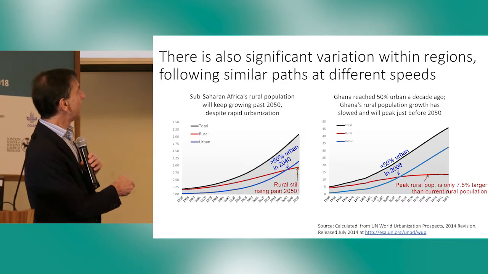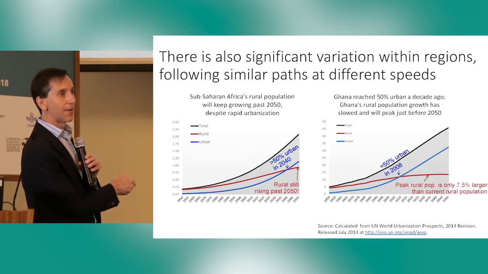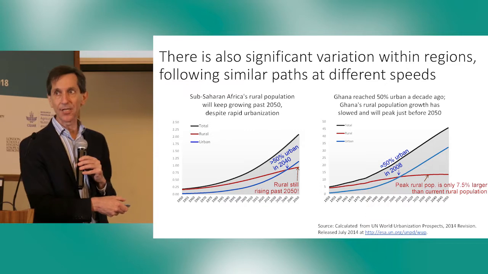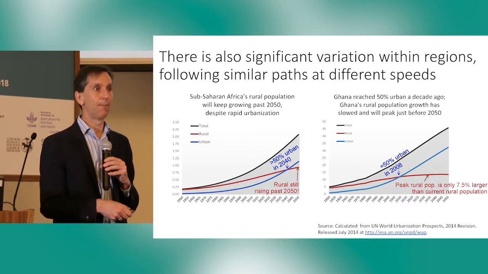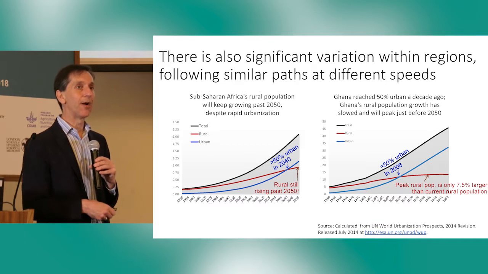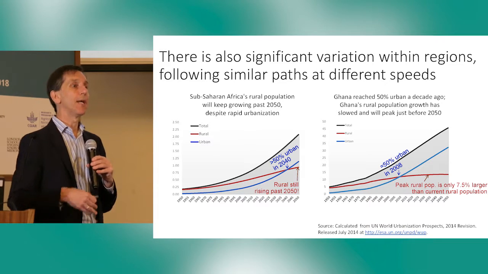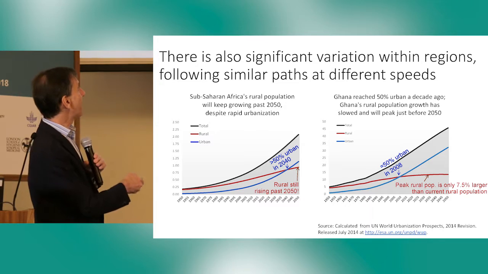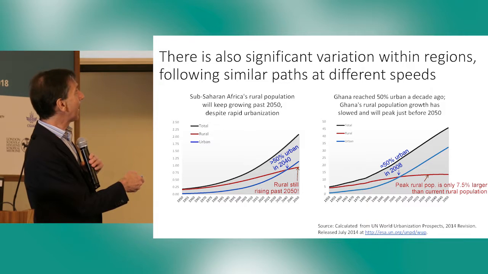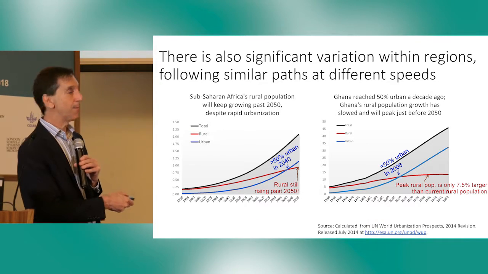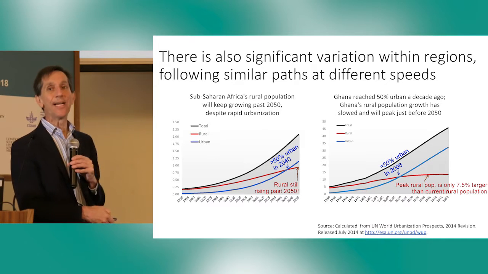As a result of which, the urbanization of Ghana went much faster than urbanization in other parts of the continent, and did so in a very sustainable way, a very organic way of industrialization and growth happening much faster. As a result of which, Ghana is actually estimated to have been 20% urban 10 years ago.